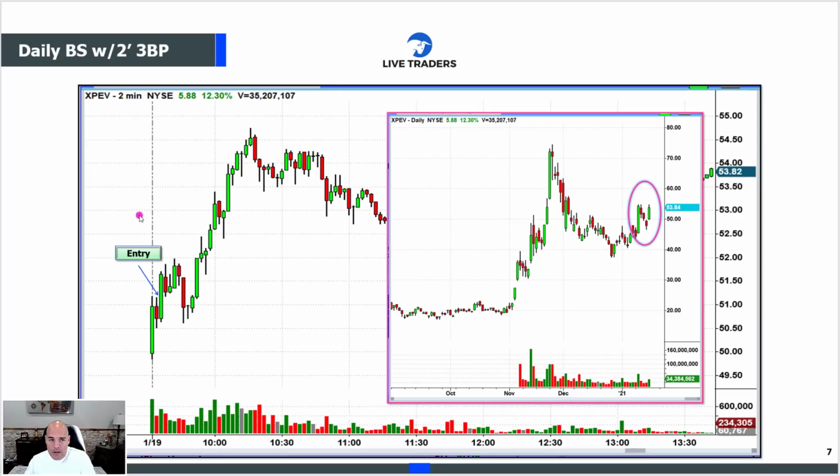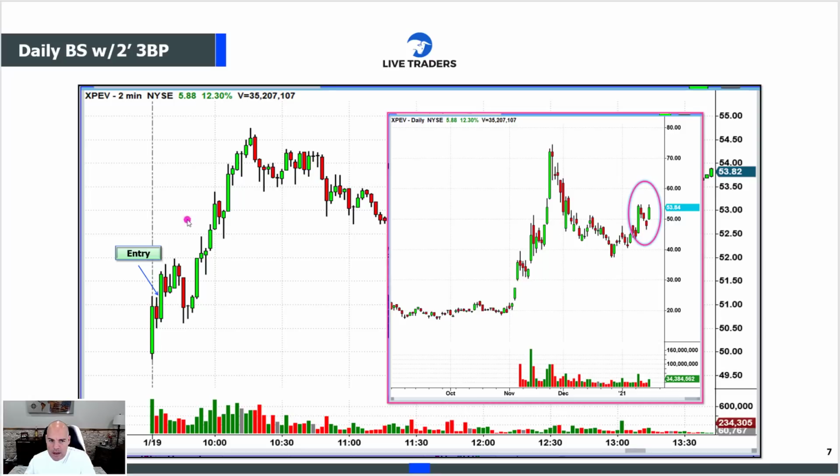And then on a 2-minute chart, you see this: wide bar, narrow bar, rip, pull back, rip. Now what? You can barely see it, but it closed the day pretty high up there, almost near $54. So now you can get an entry here at like $51.30, stop loss at $50.50, an 80-cent stop loss instead of a $2 stop loss.